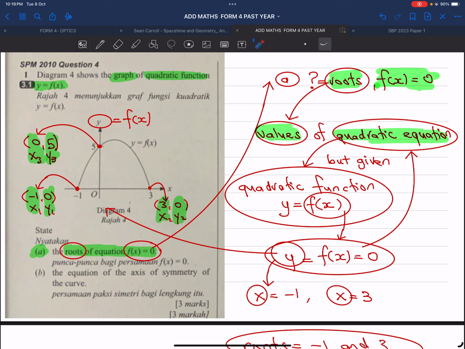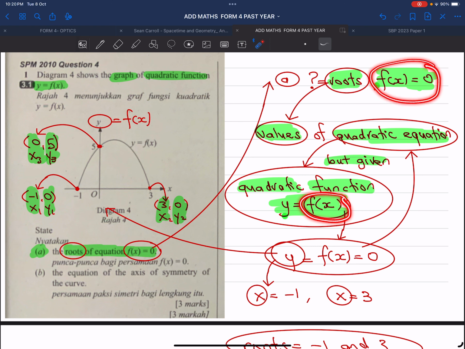But we are given a quadratic function, over here, y equals f(x). So we are given quadratic function y equals f(x). And also we are given that this f(x) equals 0.